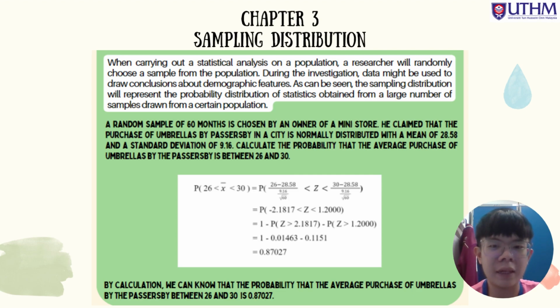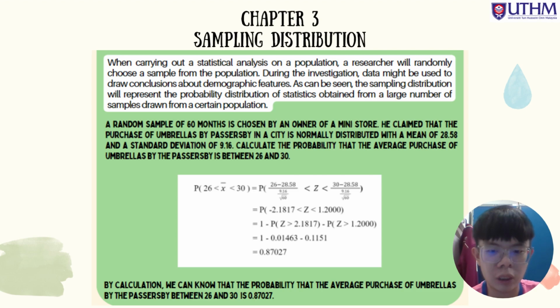For our case study, a random sample of 60 months is chosen by an owner of a mini shop, and he claimed that the purchase of umbrella by passerby in a city is normal distribution with a mean of 28.58 and a standard deviation of 9.16, and we will calculate the probability that the average purchase of umbrella by the passerby is between 26 and 30.